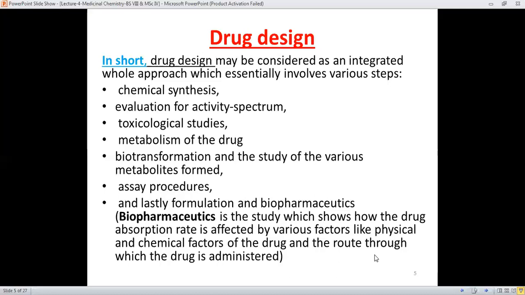In the last lecture, we discussed many parameters and factors which affect the absorption rate of the drug, the physical and chemical factors of the drug, and the route through which the drug is administered. Route means which may be enteral or parenteral.